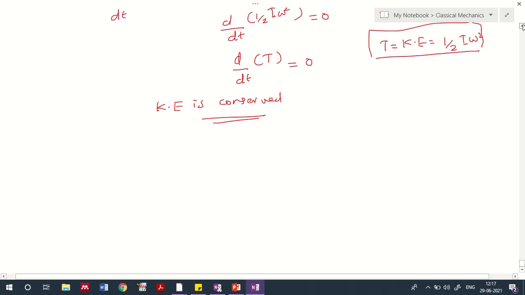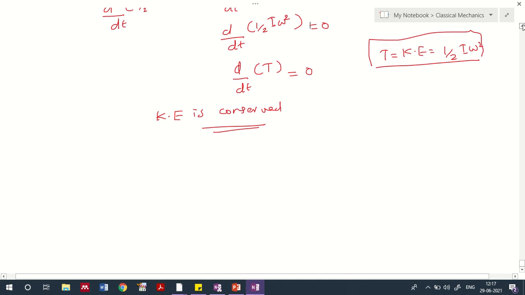And next, since kinetic energy is conserved, our discussion will move on to the conservation of angular momentum as well. Now we need to see the conservation of angular momentum here.